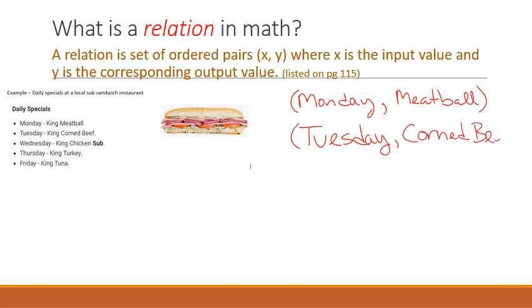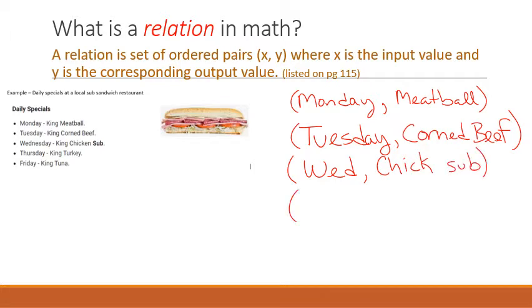And I'm getting hungry. On Wednesday, our input is Wednesday, and the output is the chicken sub. And on Thursday, that's our input, and the output is the special of the king turkey.